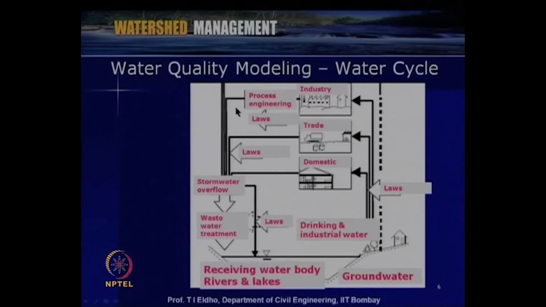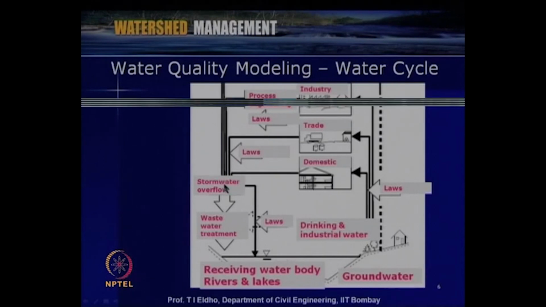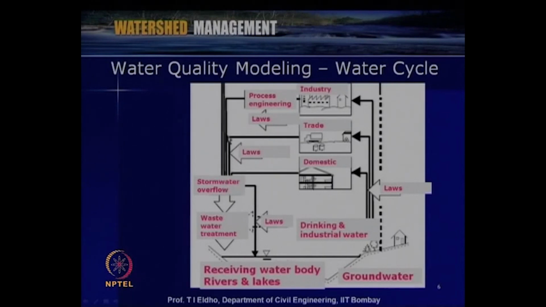Finally, the sewage water or storm water comes, as storm water overflow or wastewater, and that again comes back to the systems, like receiving water bodies such as rivers, lakes or ocean, and that also affects the groundwater system.